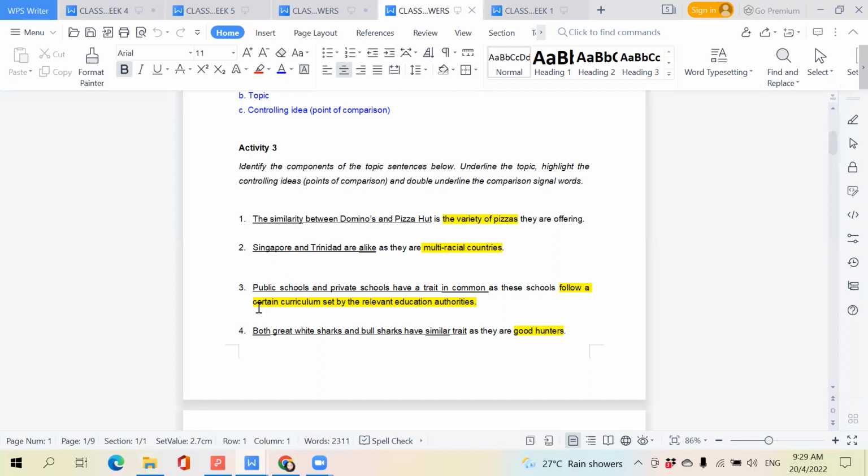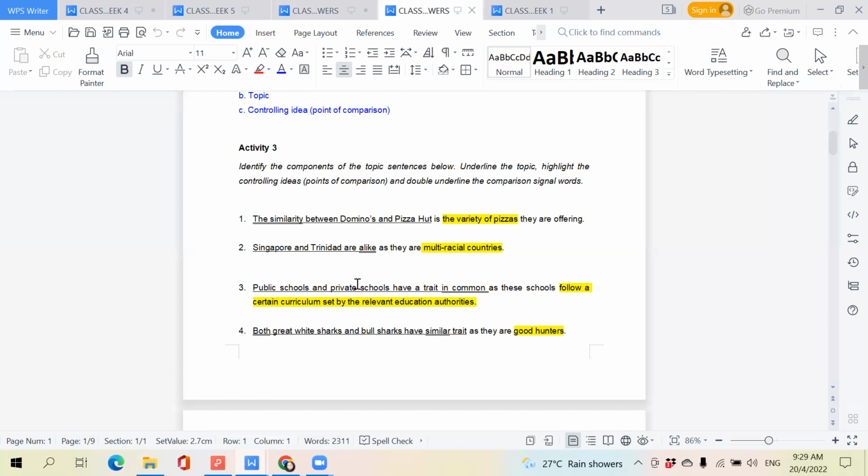The next one: Public schools and private schools have a trait in common as these schools follow a certain curriculum set by the relevant education authorities. So where is the topic? Public schools and private schools. This is your topic, or in layman's terms, subjects.